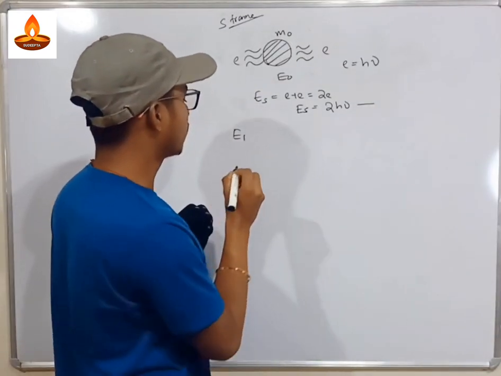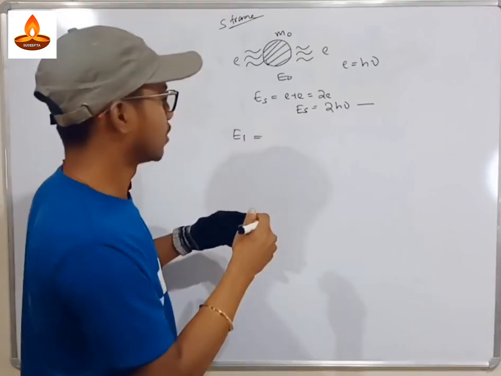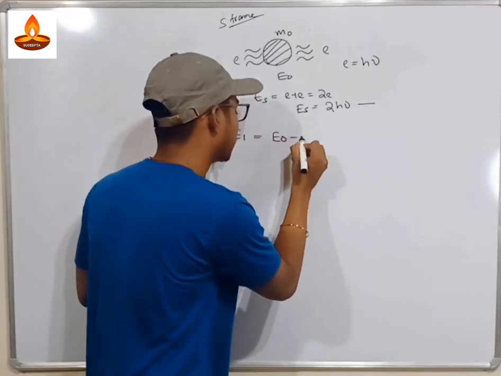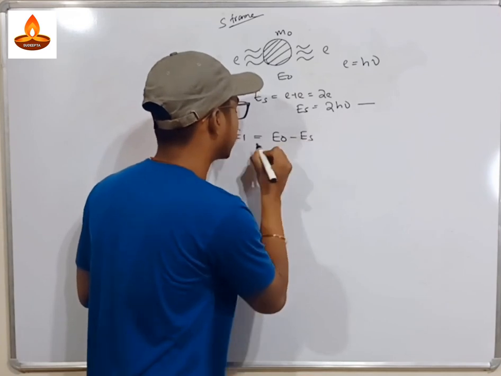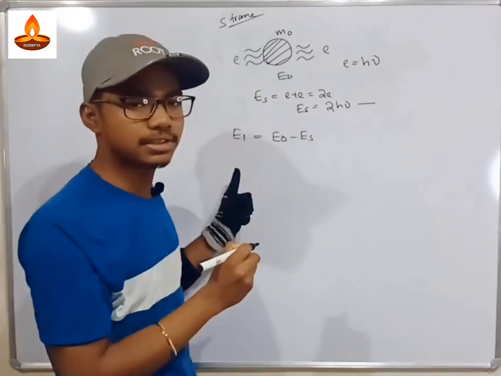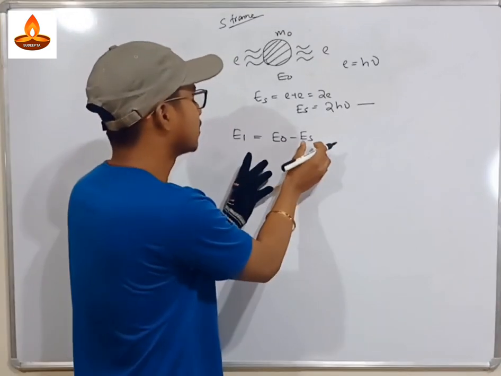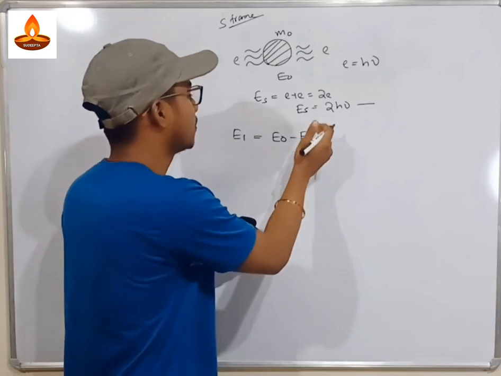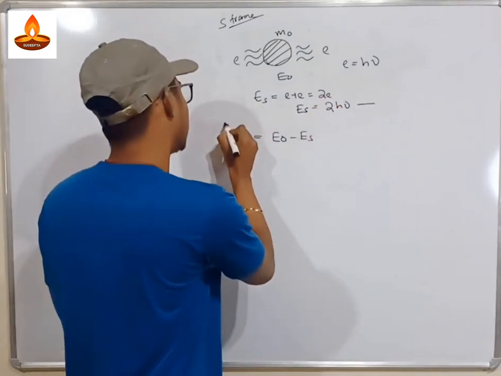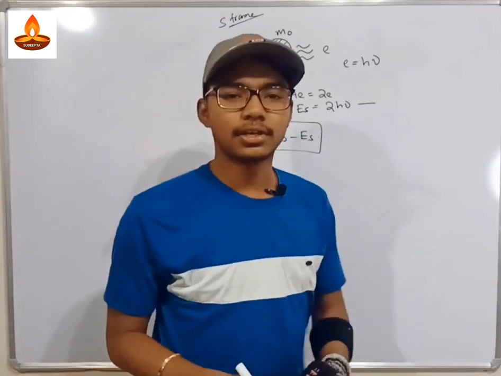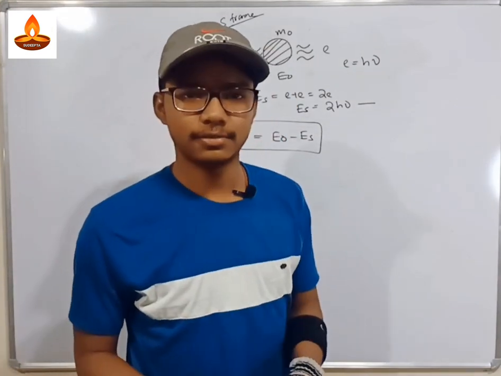So E1 is the energy after emission: at first it has E0, so E0 minus Es is equal to E1. E1 is the energy after emission, E0 is the energy before emission, and Es is the total emission, equal to 2e. So this is the relation we got from the S frame. Then we are going to the S' frame.